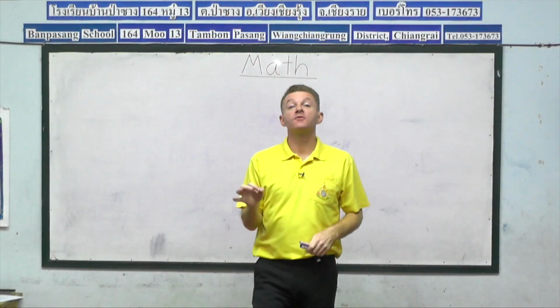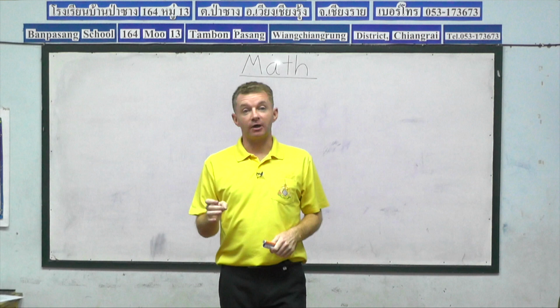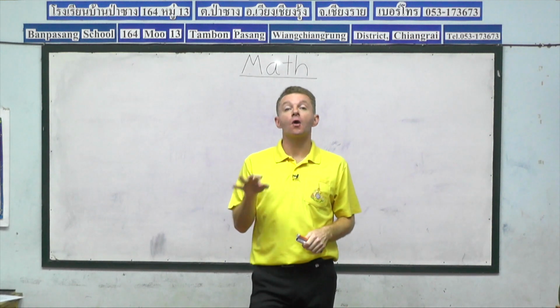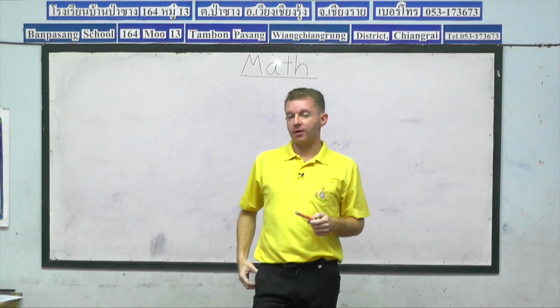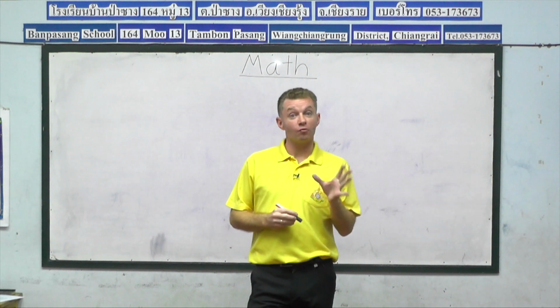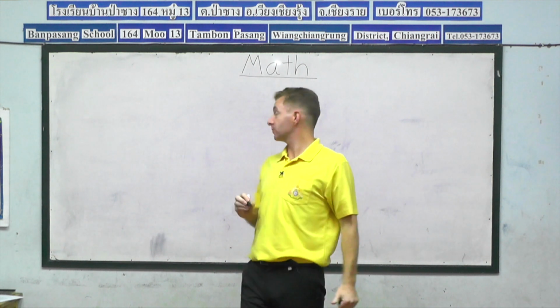So now what we'll do is a board demonstration of how to work out a word problem involving time. But what I need to do first is draw or write a word problem on the board.